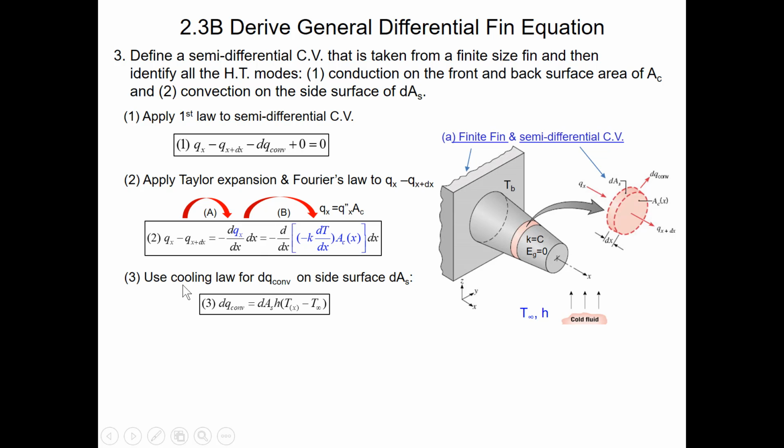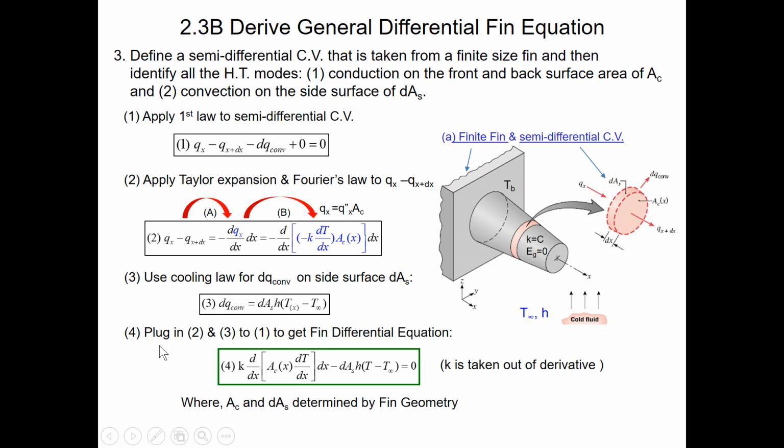Third, we use Newton's cooling law to represent convection, which is the product of side surface area, heat transfer coefficient, and the temperature difference between the fin surface and fluid. Fourth, plug in equation 2 for heat rate difference and equation 3 for convection.